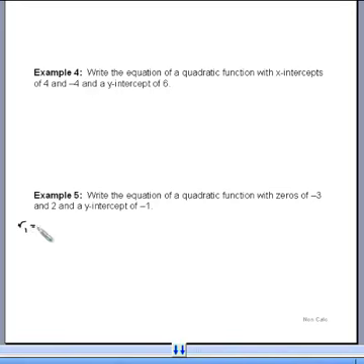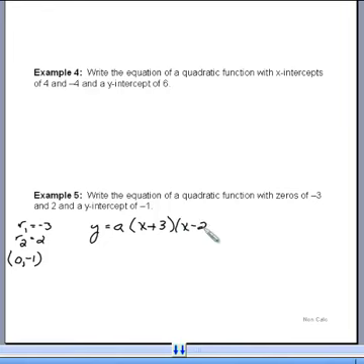So root 1 is negative 3, root 2 is 2, and the y-intercept is 0, negative 1. So y is equal to a times x plus 3, because again x minus a negative 3 is going to give me x plus 3, times x minus 2.